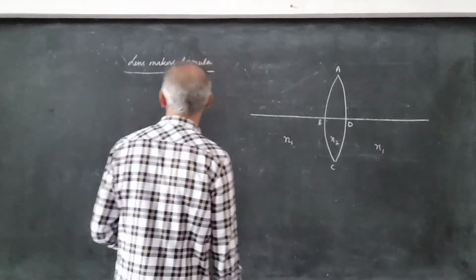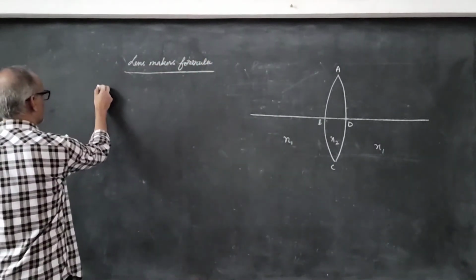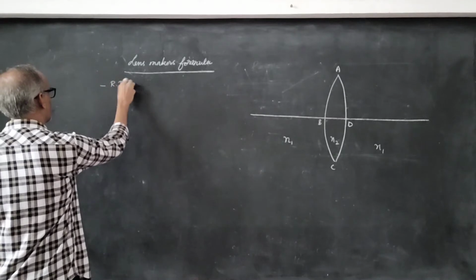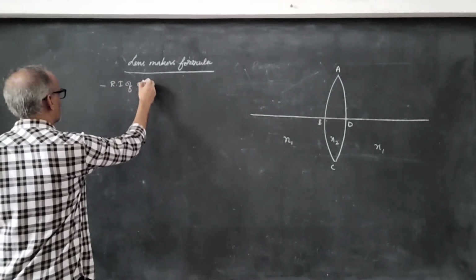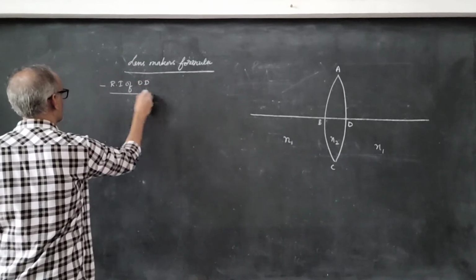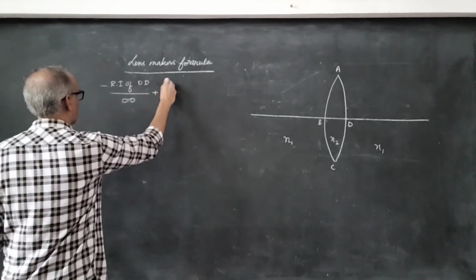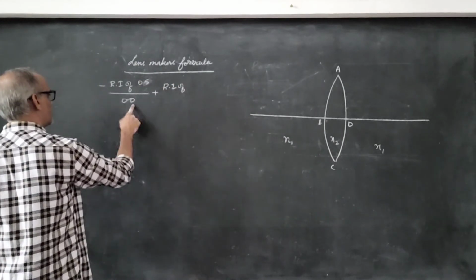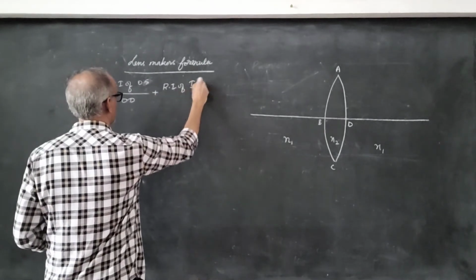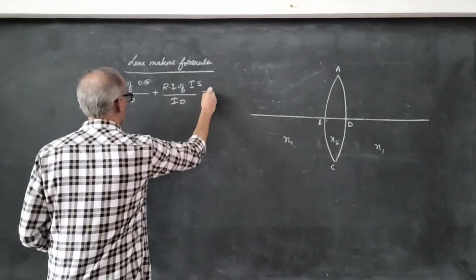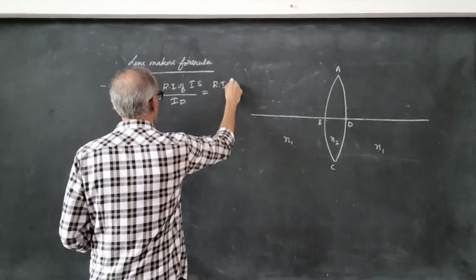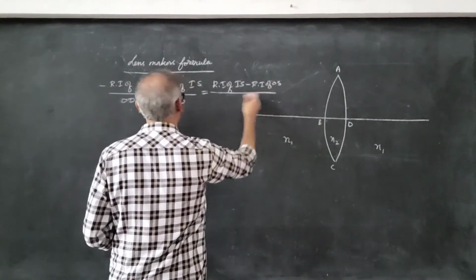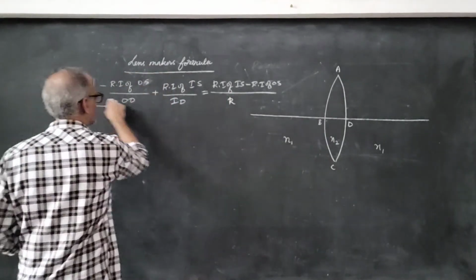Now here we are going to use the formula for refraction through a curved surface: minus refractive index of object space divided by object distance, plus refractive index of image space divided by image distance, equal to refractive index of image space minus refractive index of object space divided by the radius of curvature. So this is the formula which is used.